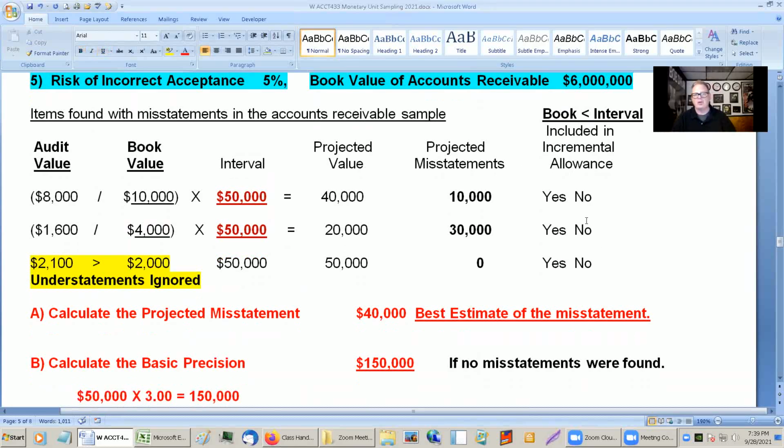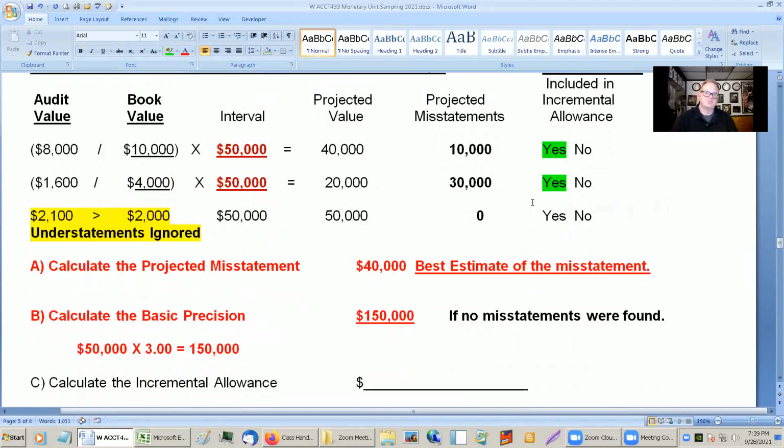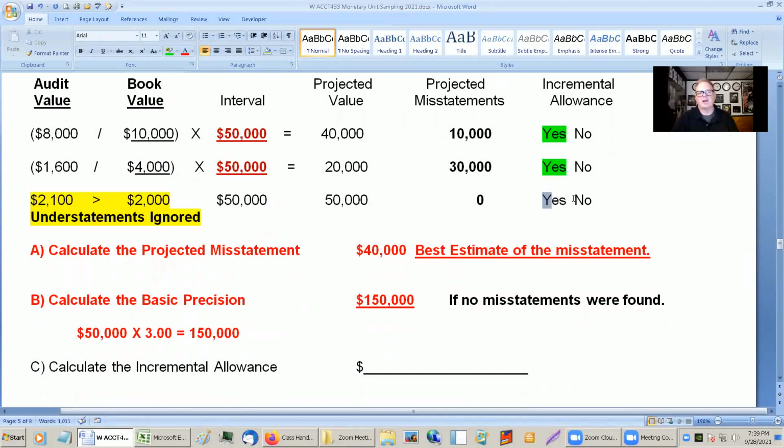It will be included in the incremental allowance. So this first one, yes, it's going to be part of the incremental allowance. The second one, is it in there? Yes. This one doesn't matter. It wasn't misstated at all. There's no decision to make on that one.